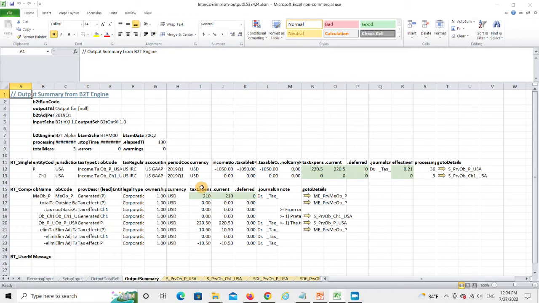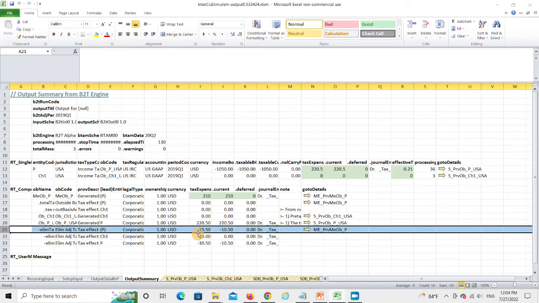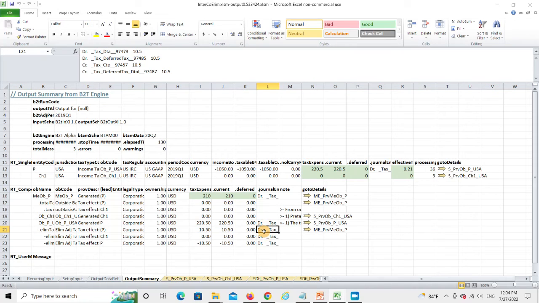Now, as a group, the total tax expense is now 210, which is different. It's no longer the summation of these two numbers. And the reason is an elimination of $10.50. And then more importantly, look at the journal entry over here.